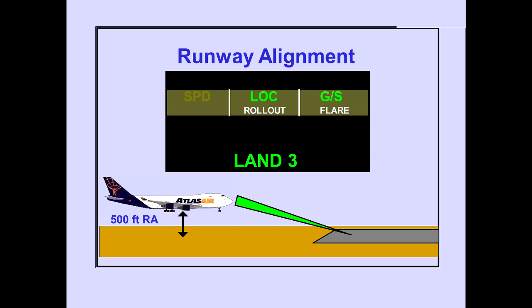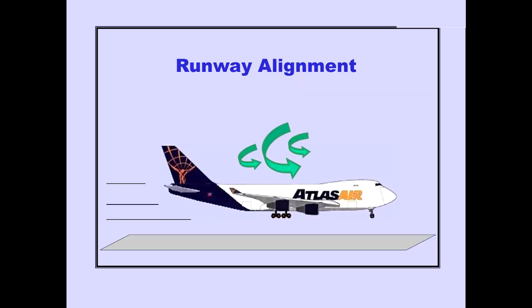At 500 feet radio altitude, with localizer and glide slope captured, the autopilot begins runway alignment. No annunciation occurs on the PFD. If a crosswind exists, the autopilot applies rudder to remove part of the crab angle and establishes a slight slip.